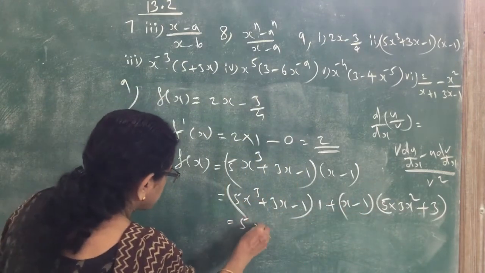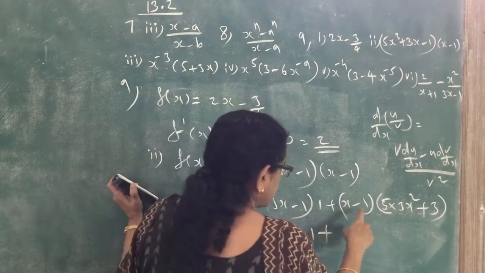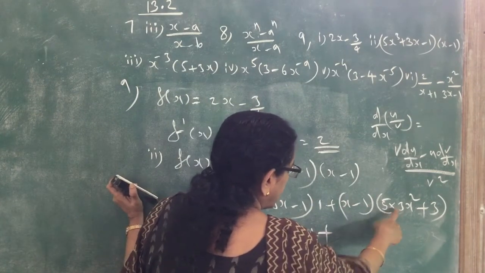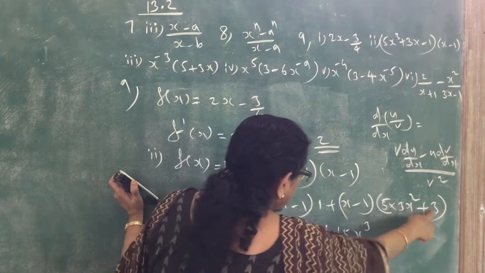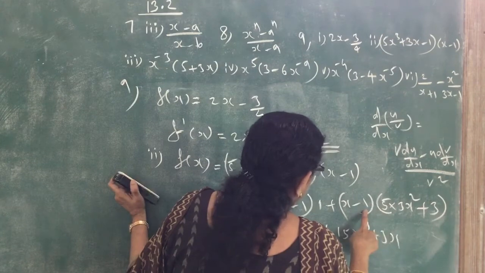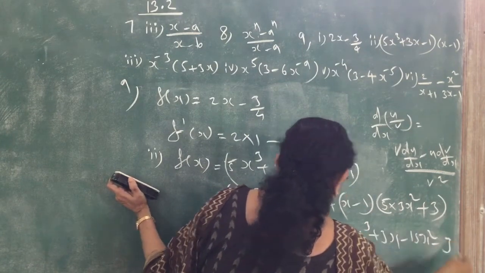That is 5x cube plus 3x minus 1 plus, now multiply this: x into 15x square, 15x cube; x into 3, 3x; minus 1 into 15x square, minus 15x square; minus 1 into 3, minus 3.